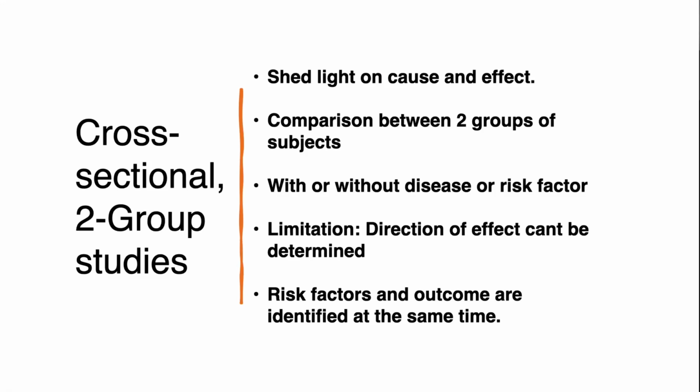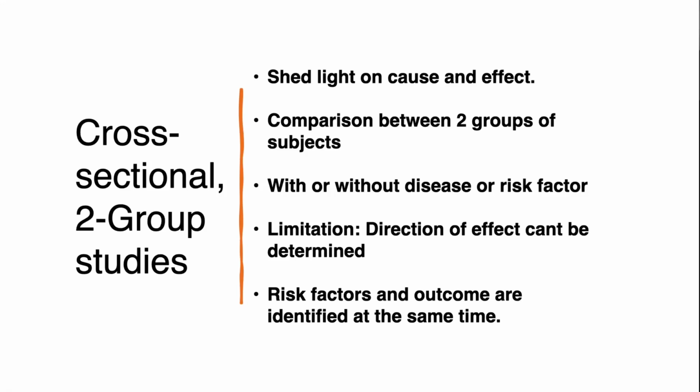The limitation of cross-sectional two-group studies is that you can't predict the direction of the effect. Mainly, cross-sectional two-group studies are aimed at studying risk factors and outcomes of a condition or disease.